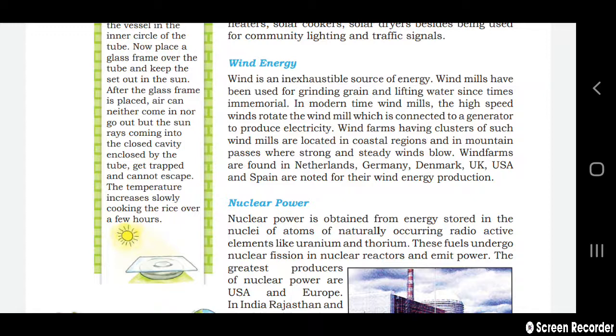Wind farms, having clusters of such windmills, are located in coastal regions and mountain passes where you can have strong wind. You can find many windmills in the Netherlands, Germany, Denmark, UK, USA and Spain. They are some of the noted places for wind energy production.